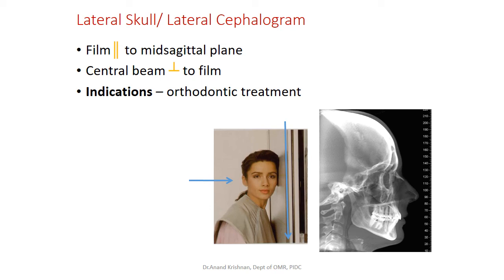It is essentially taken mostly in orthodontic treatments, and the patient is positioned with the mid sagittal plane, the central line that passes from the head to the toe and divides a person into halves, parallel to the film, and the central ray perpendicular to the film.